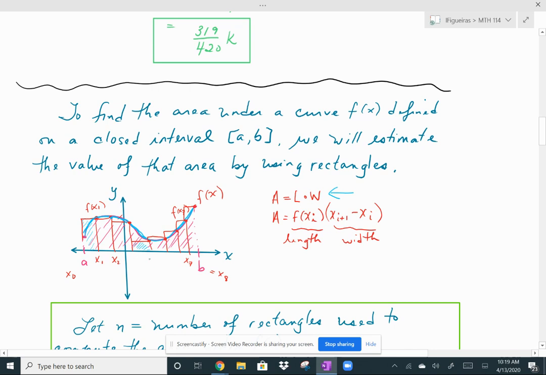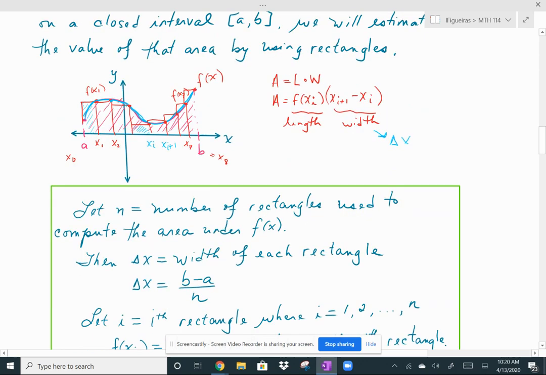If I call this one x sub i and this one x sub i plus 1, then the difference between the two gives me the width of the rectangle, which we normally call delta x.